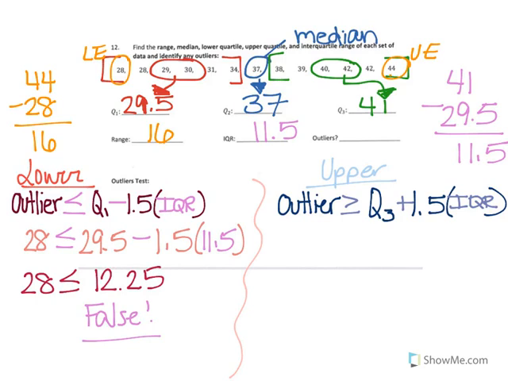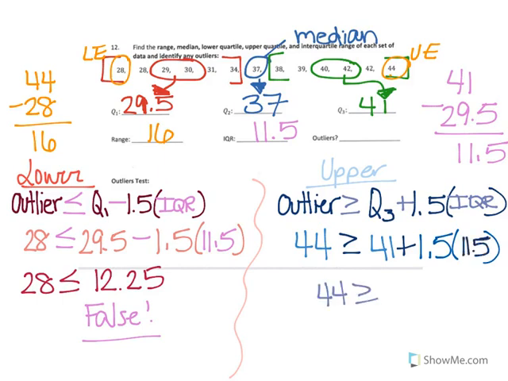So we're going to check the largest number in our list, which is 44, and we're saying, is 44 greater than or equal to our quartile 3, 41, plus 1.5 times our interquartile range of 11.5.